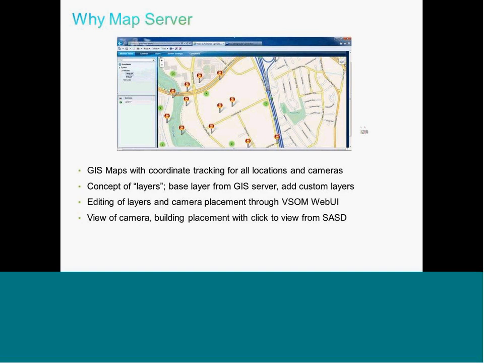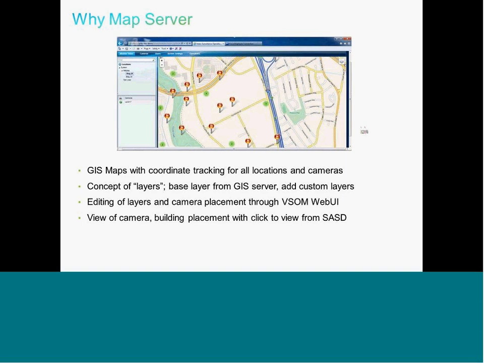We have GIS maps integrated into our solution, so you can have our locations and cameras, all of them associated with latitudes, longitude, and zoom parameters, which allows for a very easy way to parse and browse to the cameras which we are interested in instead of just going by tree.